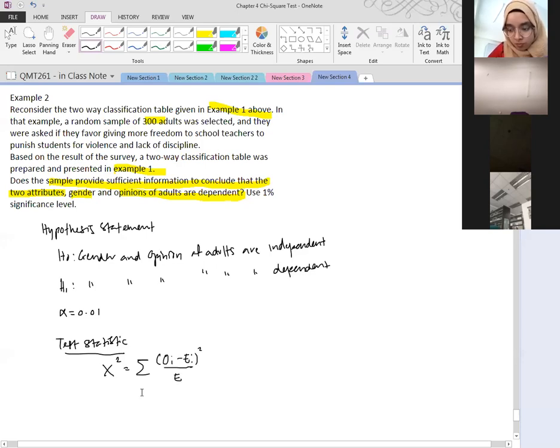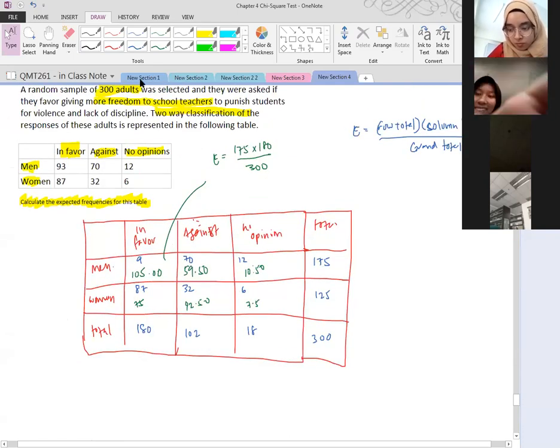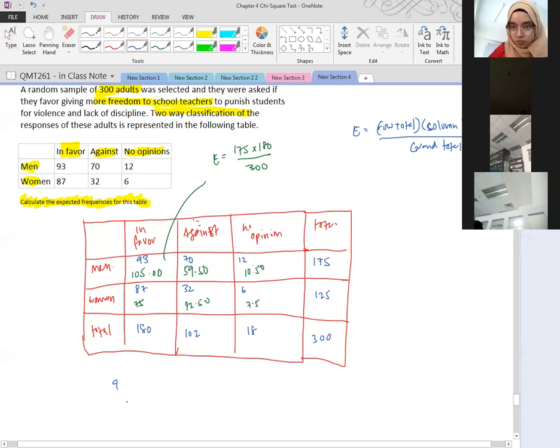So this one should be equal to observed minus expected, 93 minus 105 power of 2 divided by 105, plus 70 minus 59.5 power of 2 divided by 59.5, plus until 6 minus 7.5 power of 2 divided by 7.5.